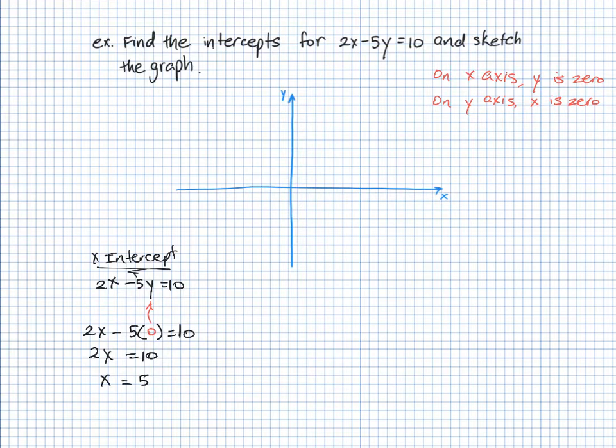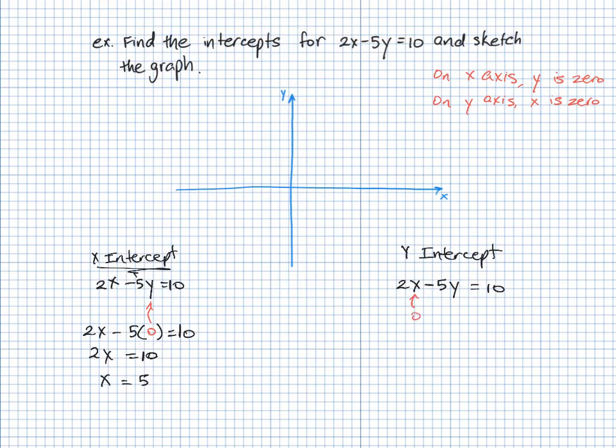We can do a similar thing in order to figure out our y-intercept. We know that on the y-axis, x is always 0. So we have here 2x minus 5y equals 10. Again, on the y-axis, x is always 0, so we set that equal to 0.